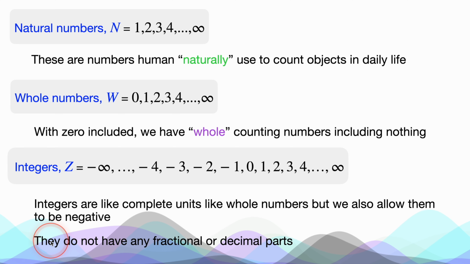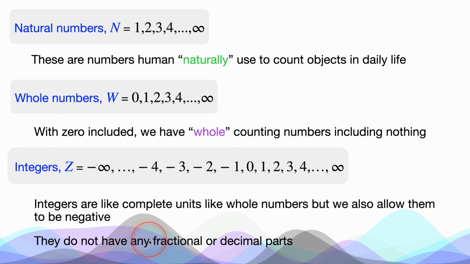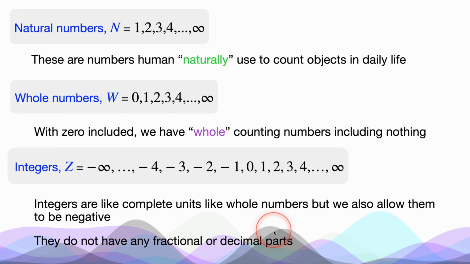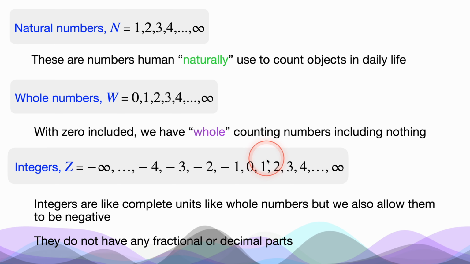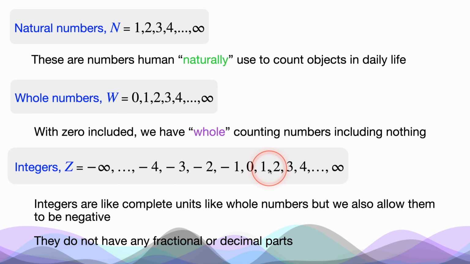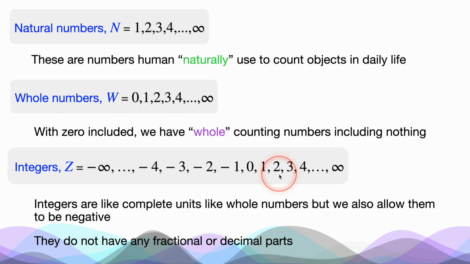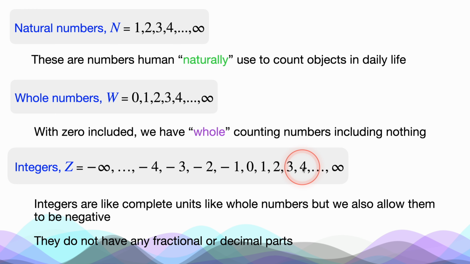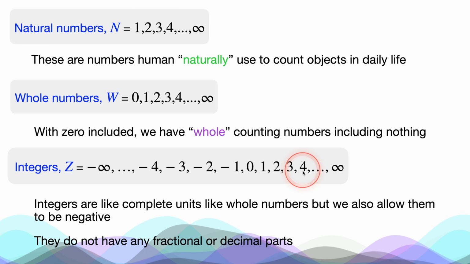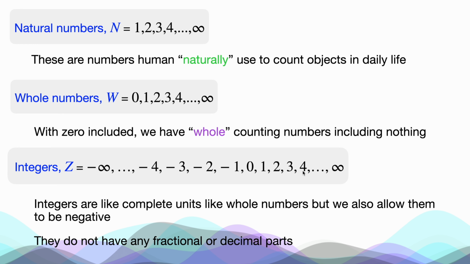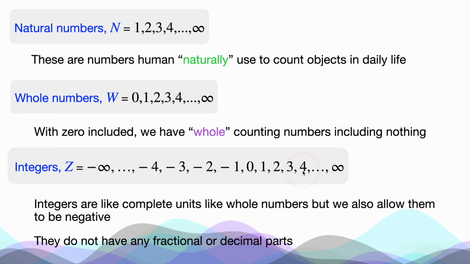But the point to be noted here is they do not have any fractional or decimal parts. So we don't count, let's say, 1.2 as an integer. Let's see another example, 4.3. 4.3 is not considered an integer.